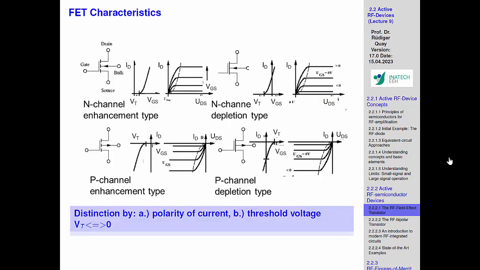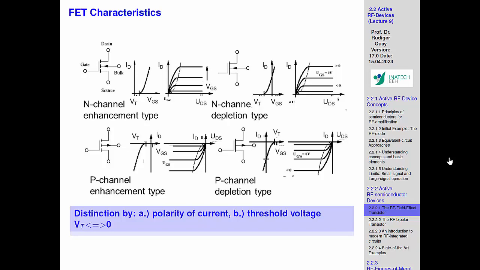For FETs, we have quite some choices. That is maybe not so clear, so I want to explain that again. The normal MOSFET we use is an NMOS. The reason is that this is the faster one. So for microwaves we use NMOS, so electrons are in the channel, induced by inversion.